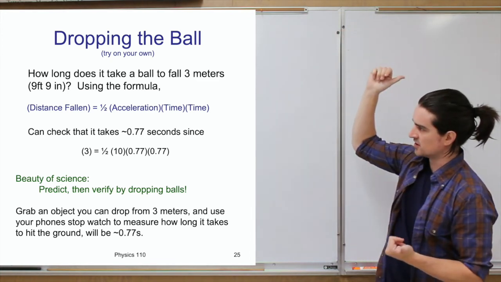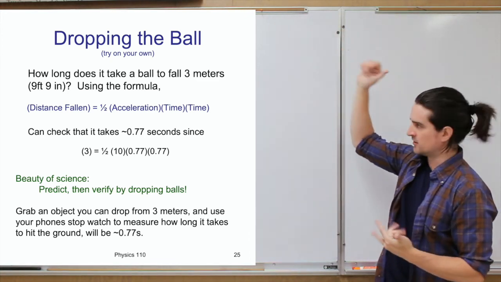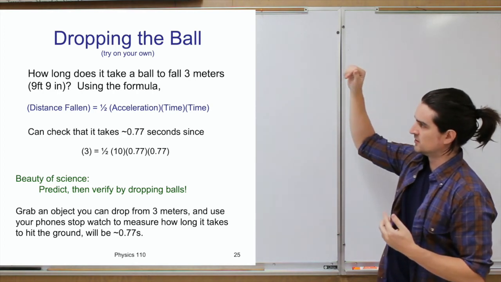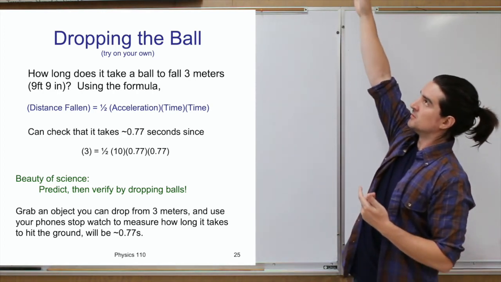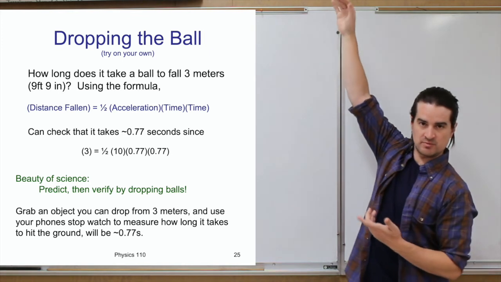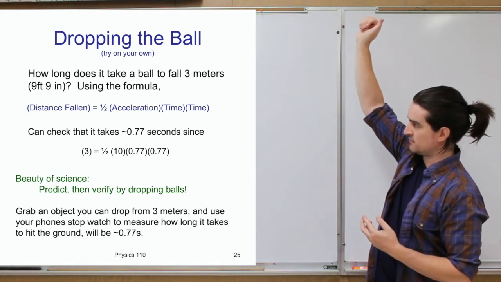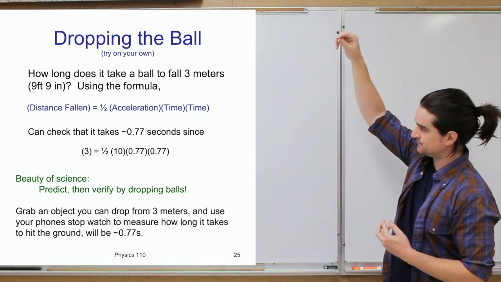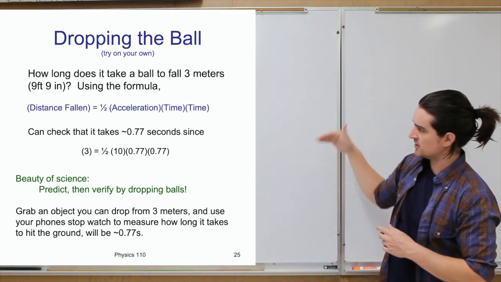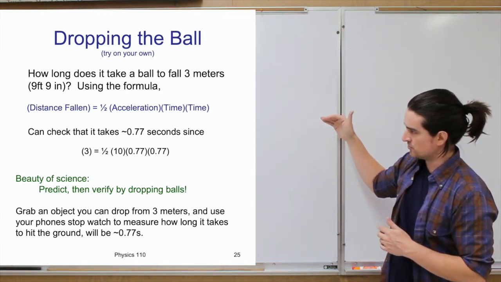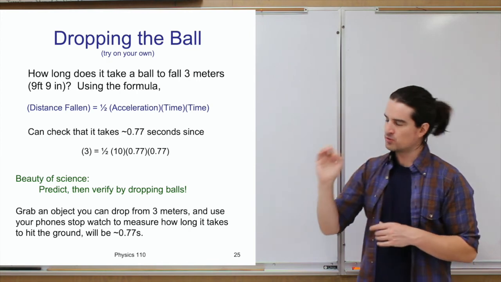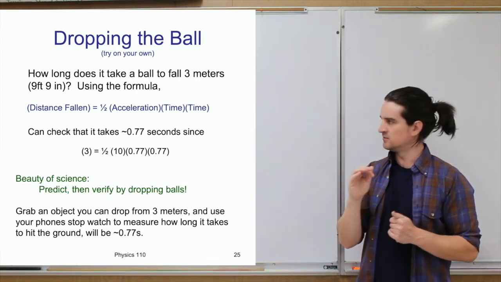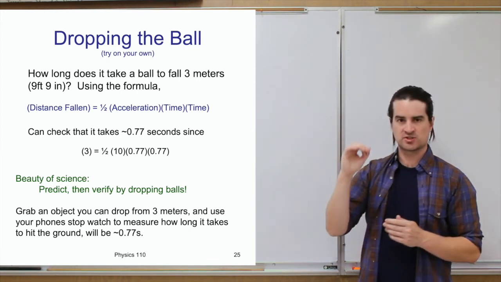And 3 meters is 9 3/4 feet, about 9 feet and 9 inches, right? So pretty tall, but you could probably find a way to get up to about 9 foot 9 inches, about 3 meters, right? And it turns out if you solve this equation, you will find that it takes about 0.77 seconds, right? So 77 hundredths of a second.